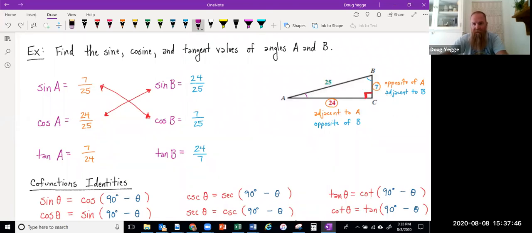So this would be lowercase a, while 24 would be lowercase b, while 25, or the hypotenuse, is always lowercase c. So whenever you're looking at this, you could also label your diagrams so that you could actually use the variables when you're computing those values.